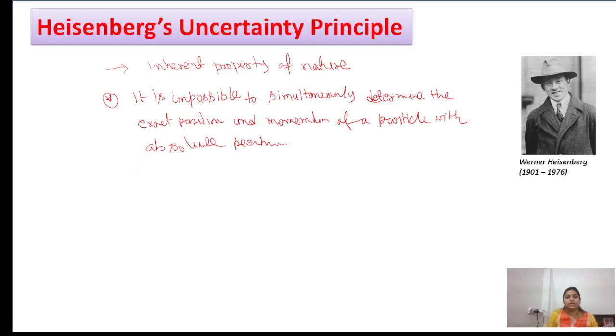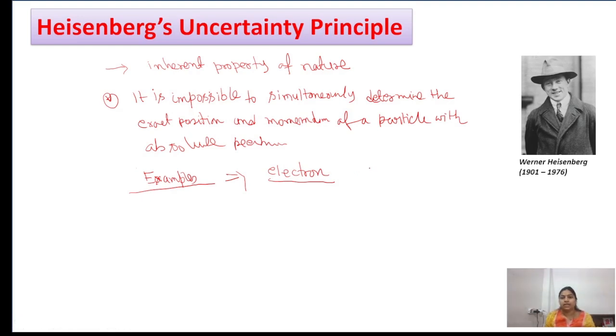Let us see some examples to understand this. According to the principle, the position and momentum of a particle, let's consider the case of an electron, cannot be determined simultaneously to the desired degree of accuracy.